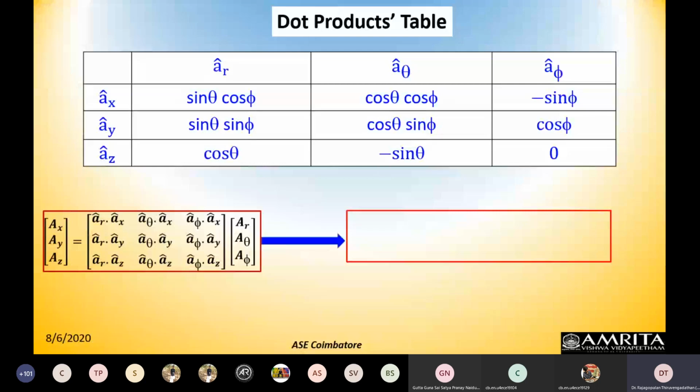What I want you to do, not right now, maybe after the class, is take a piece of paper and a pen, redraw the diagram the way I have explained, and try to visualize things as taught in the class. Until you do that, you cannot get it completely right.